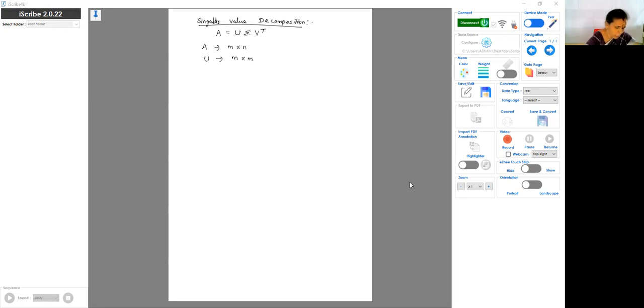U is a square matrix, an M cross M orthogonal matrix, with columns equal to the unit eigenvectors of which matrix?